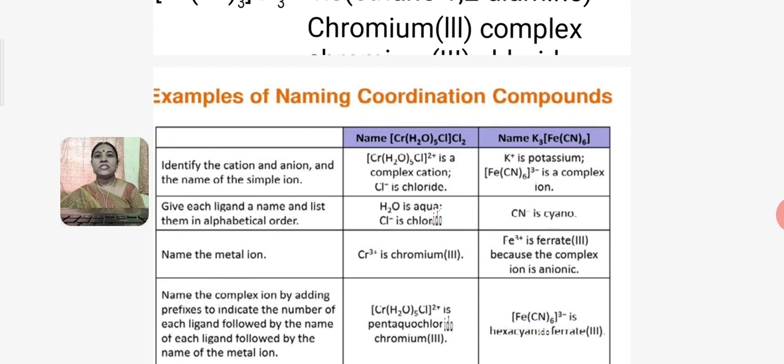The ligands present are aqua and chlorido. Name the metal ion. So which is the metal ion present? Chromium. And what is the oxidation state of chromium? It is equal to 3. So chromium(III), indicating the oxidation state of the central metal ion.